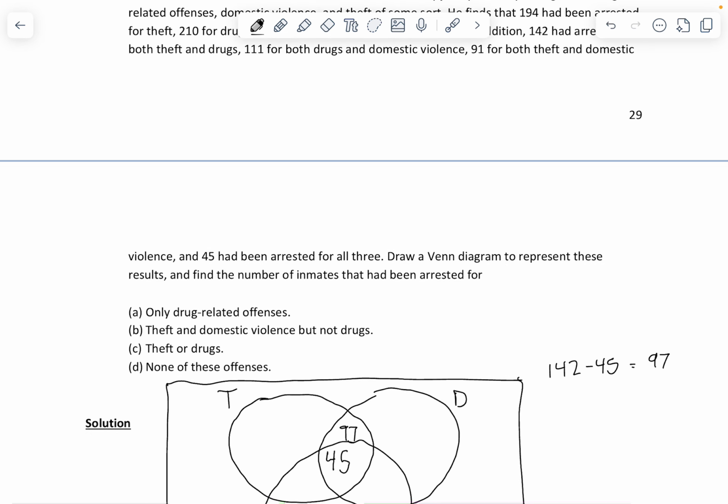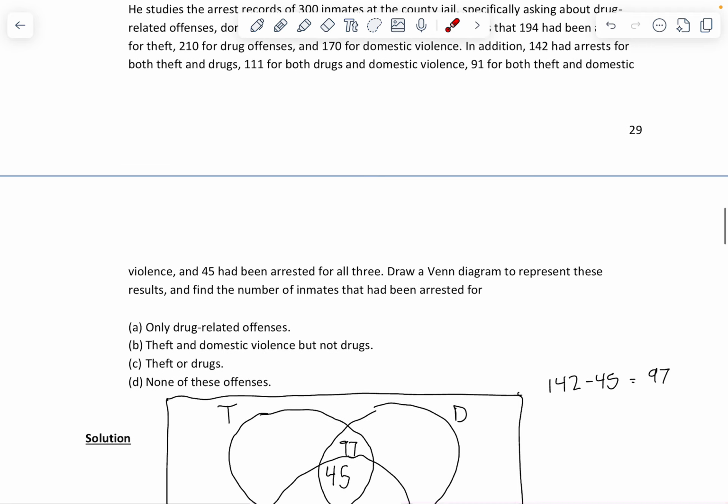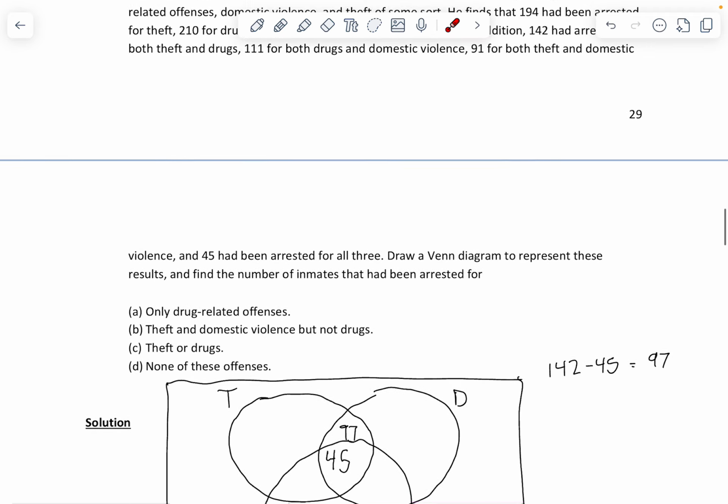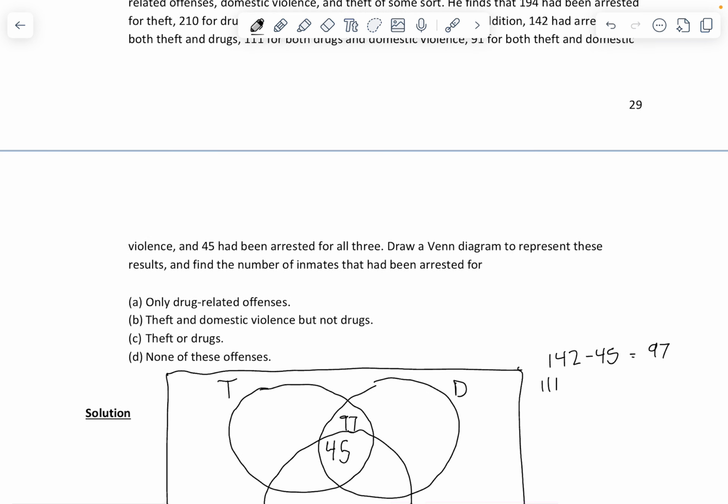111 had arrests for both drugs and domestic violence, okay? So that basically means these 2 regions right here have to add up to 111. So we're going to take 111 and subtract out 45, which gives me 66. 111 minus 45 is 66, right?